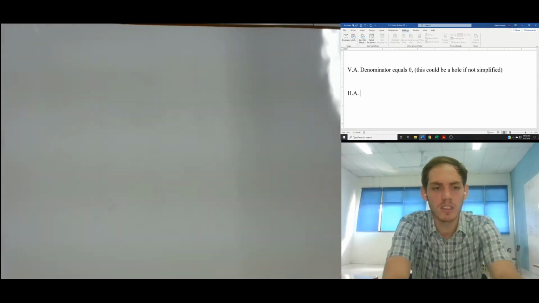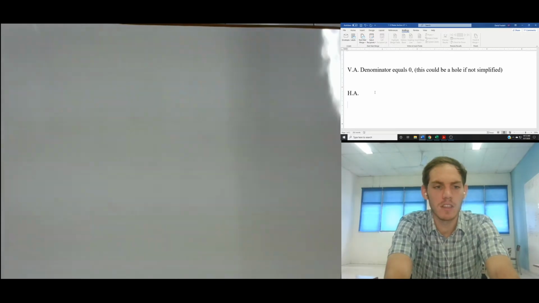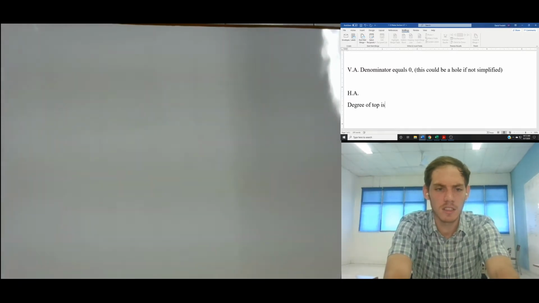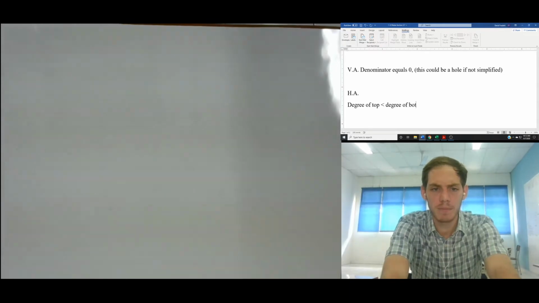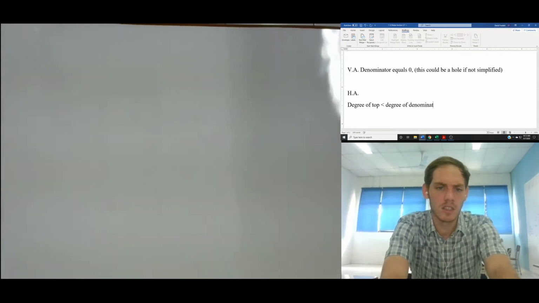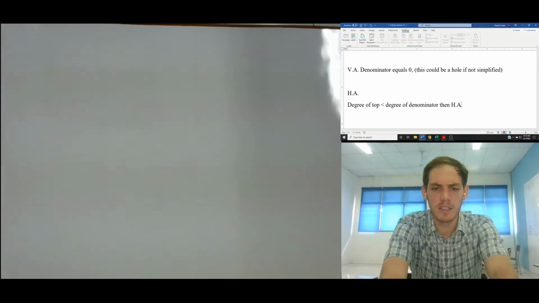And then for horizontal asymptotes, if the degree of the top is less than the degree of the bottom denominator, then HA equals 0.